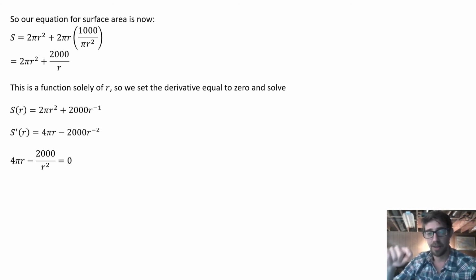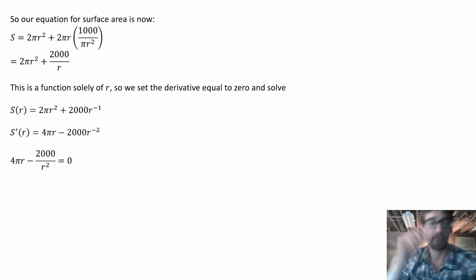You use the negative exponent to make doing the derivative easier, but then it's helpful to switch it back to a over r squared to make solving this equation easier, because it's easier to see what to do. You don't have to do it my way. To me, that's just the best way to do it. So we're solving 4 pi r minus 2,000 over r squared equals 0.